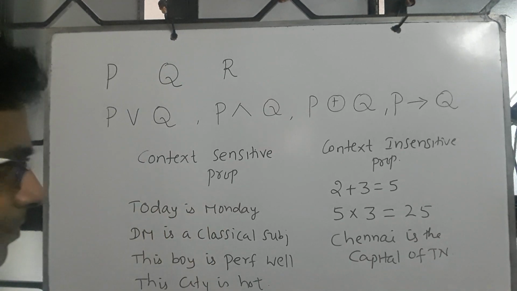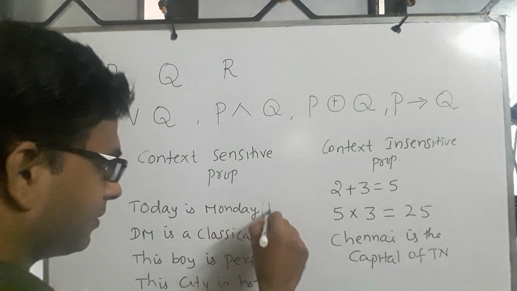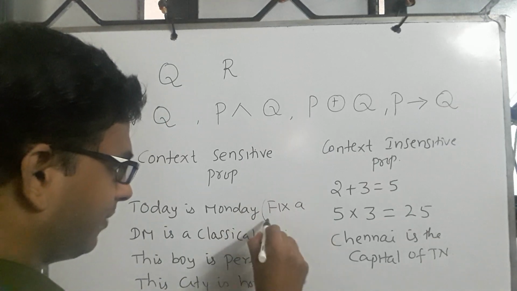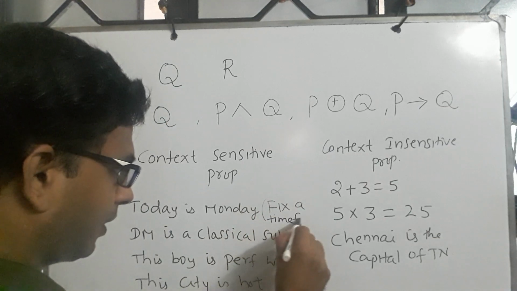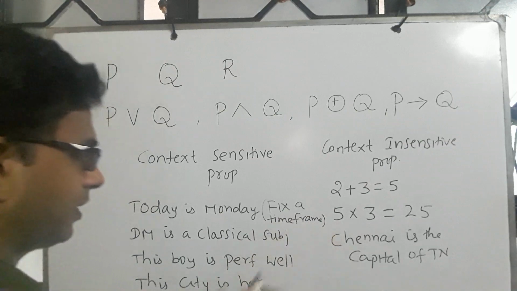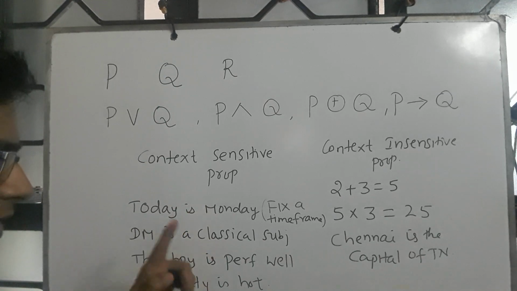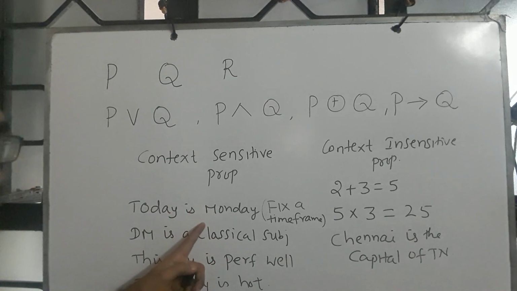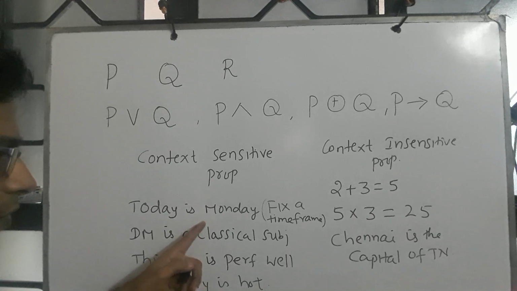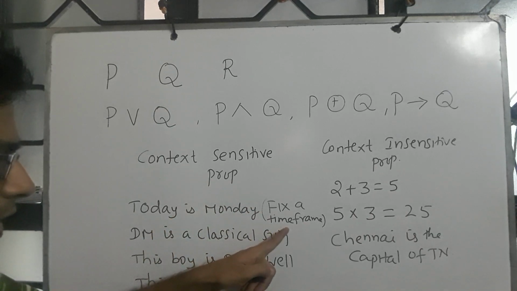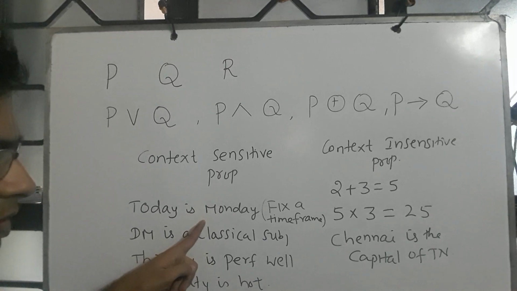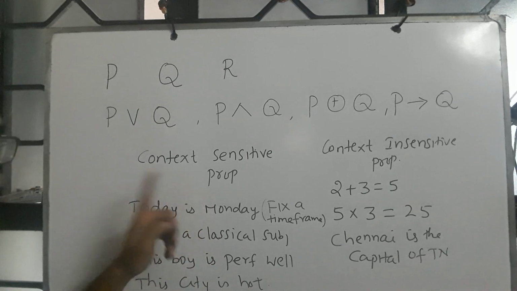So on a Monday, this statement is always true. You fix a different time frame, say Saturday, then this statement is always false. So if you fix a time frame, then it is always taking the truth value, either true or false, but not both. So it becomes a proposition.